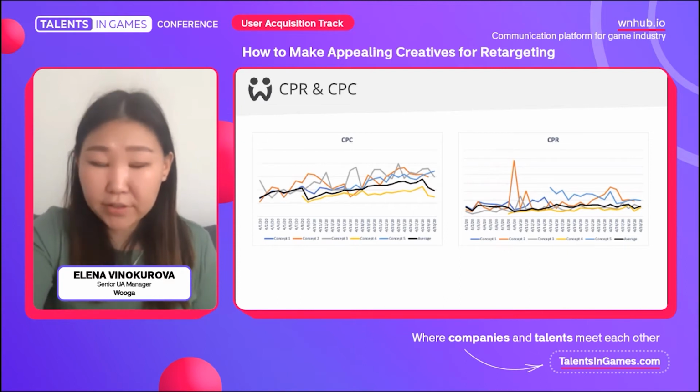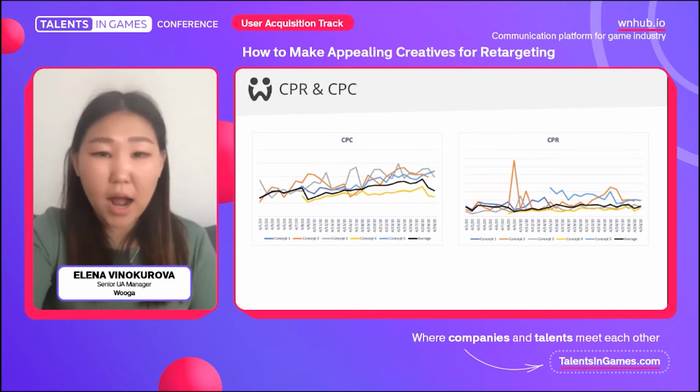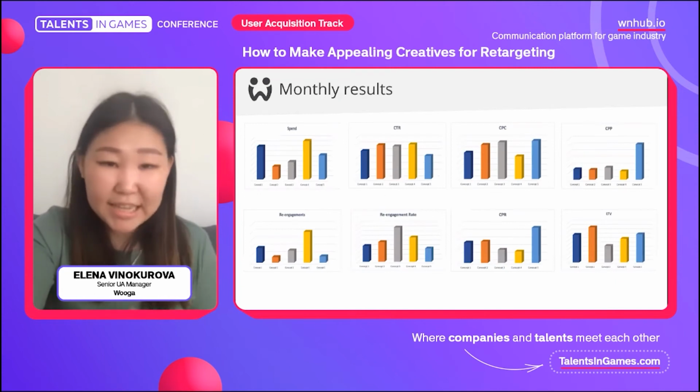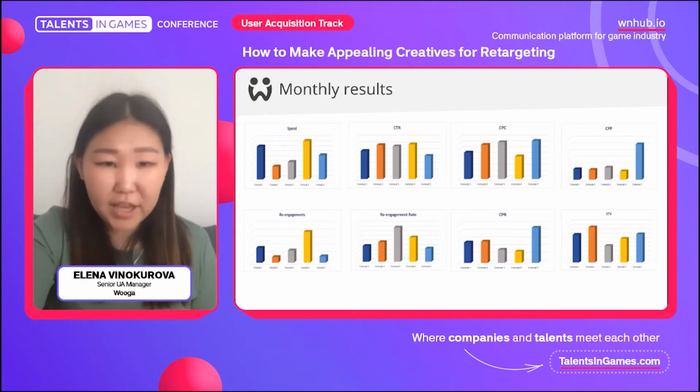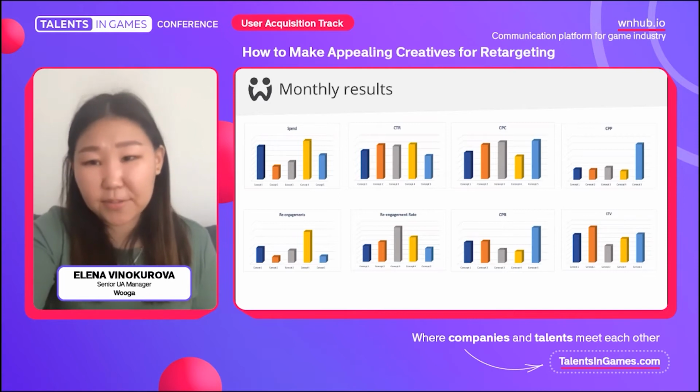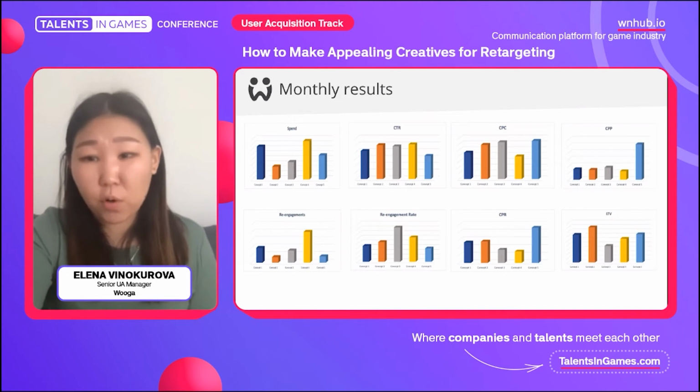For monthly analysis, we aggregate all this data by concept, by iteration, by creative type, by size, by language, and by placement, to see which one actually works the best.